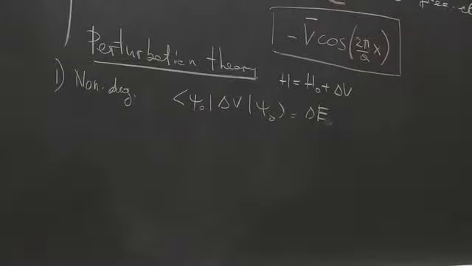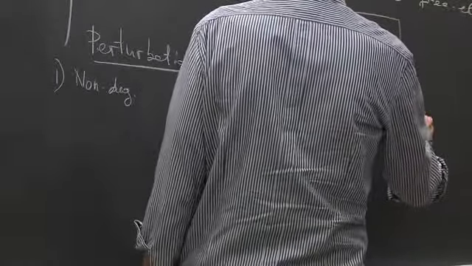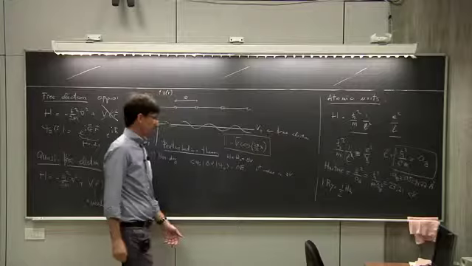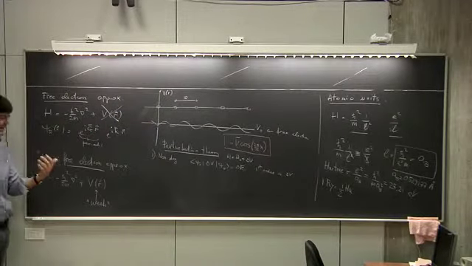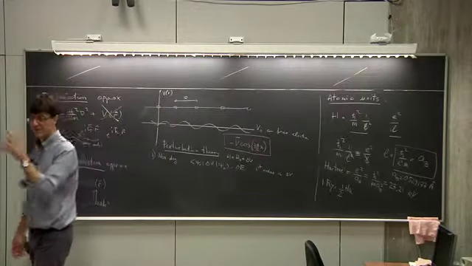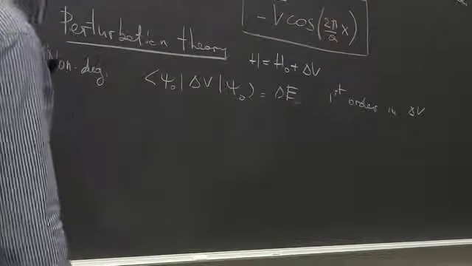It is simply the expectation value of the perturbing potential, at least to first order in perturbation theory. Well, to first order in delta V. I can go to second order in delta V, and I have to then construct my corrections by summing over all the states. You remember delta V squared divided by the difference between the unperturbed eigenvalues and so on. So that's perturbation theory for non-degenerate states.